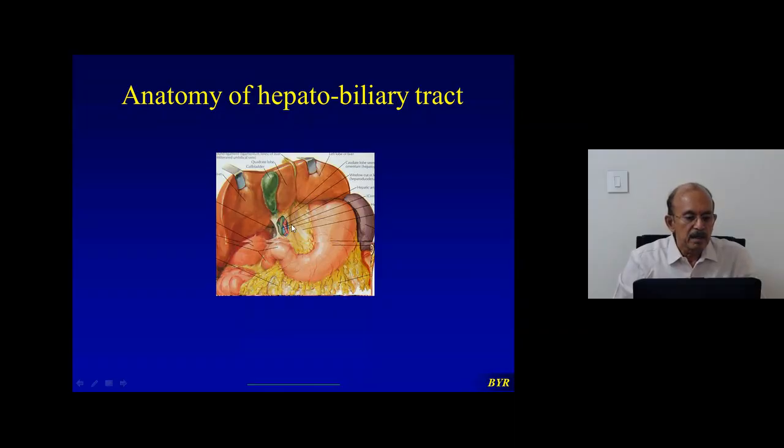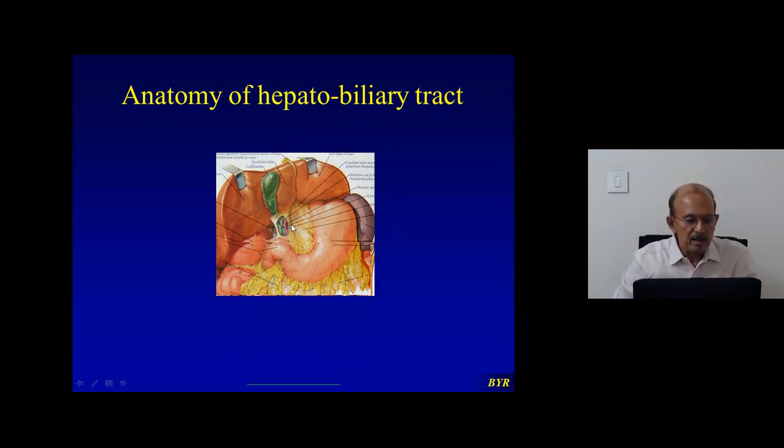Portal vein, bile duct, and hepatic artery. Very good. So bile duct, hepatic artery, and portal vein. Out of these three, how are they placed? Two structures are there anteriorly, and one structure is there behind. Out of these two, which is to the right, which is to the left?